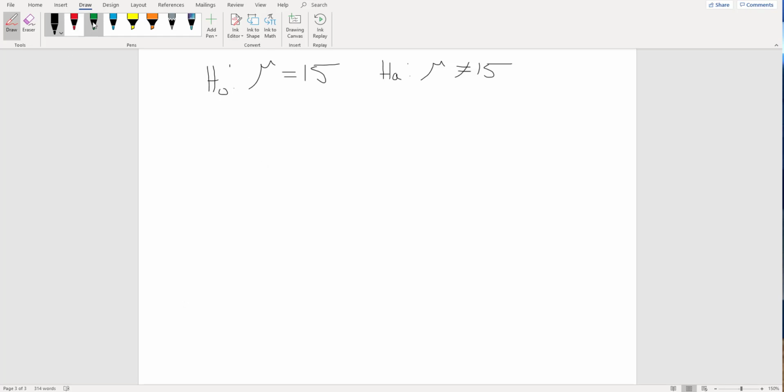We want to calculate our test statistic. Our test statistic's still going to be a t because we're working with means. Still our sample mean minus the value in the null hypothesis over the standard error. Well, our sample mean is still 15.1. Our value in the null hypothesis is still 15.